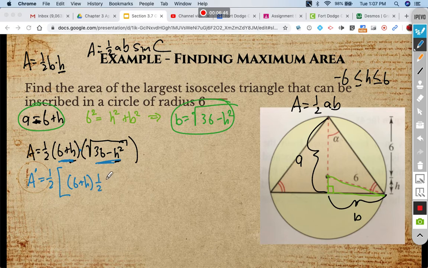So I'm going to have 1/2 times 36 minus h squared to the negative 1/2 times the derivative of 36 minus h squared, which is going to be a negative 2h. And I'm going to add to that the derivative of 6 plus h, which is just 1, times the square root of 36 minus h squared.